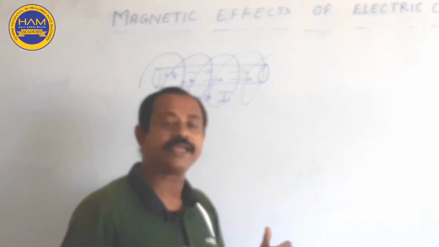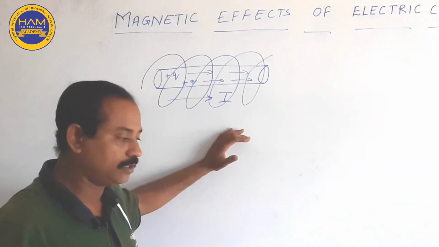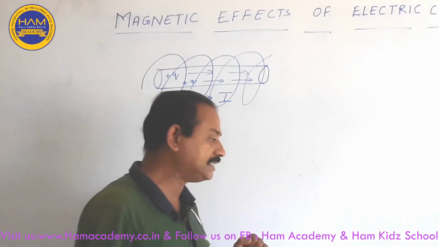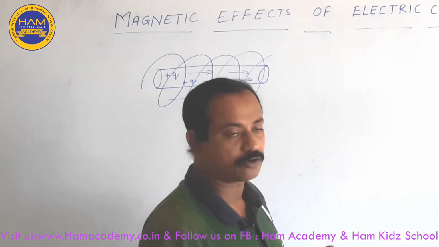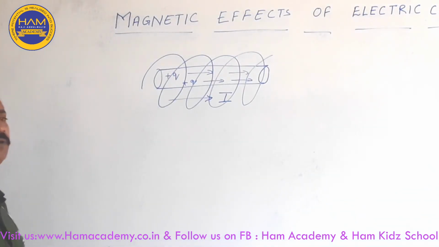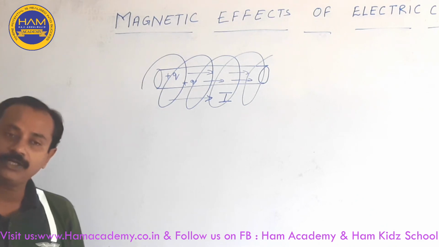Now, before going into the details, I will give you brief information about what magnetic lines of force are, or rather what a magnet is. We have been playing with magnets since childhood.